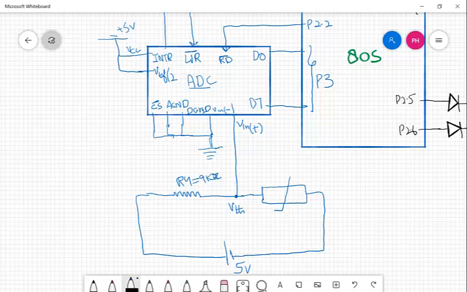Then we have two more pins, clock R and clock in. As already discussed before, we can connect them like this.